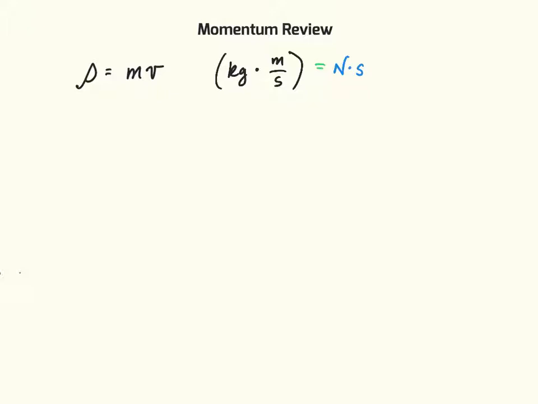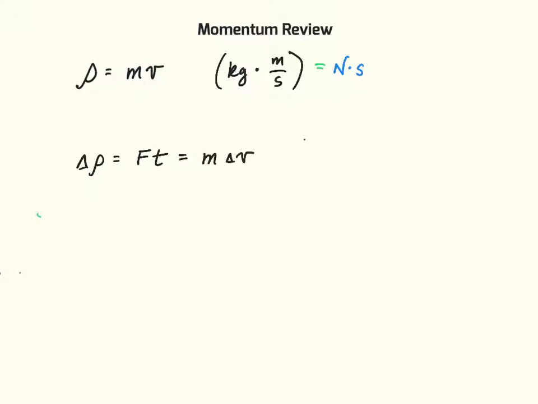Now, we can have changes in momentum. Changes in momentum are caused by forces being applied to a particular object over a certain amount of time. So change in momentum is equal to force times time. Because of that force being applied over that time, we're going to have a change in the motion of that object, so a change in momentum is also equal to mass times a change in velocity.